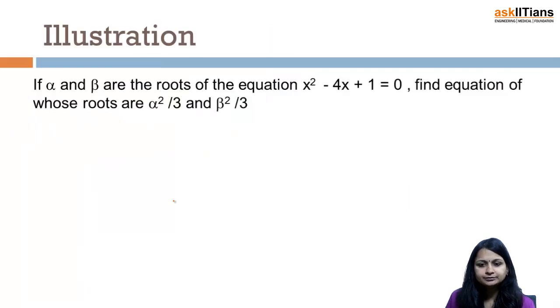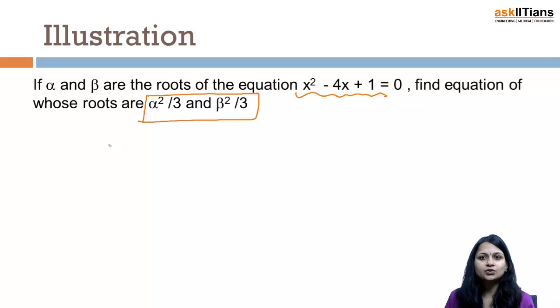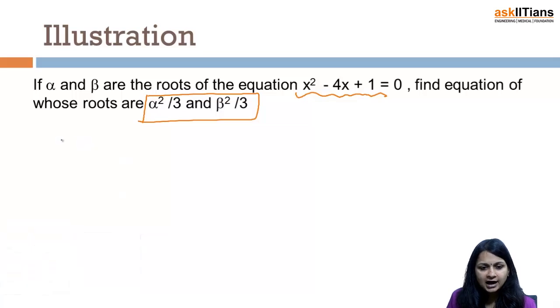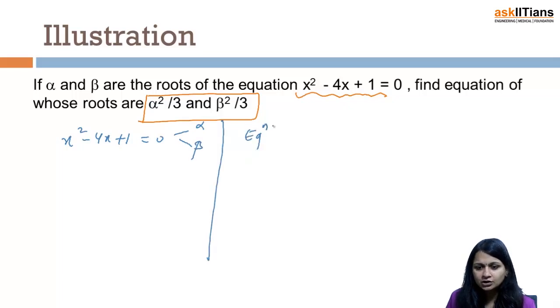So let's do it. Here alpha and beta are the given roots of this equation, and I have to find the equation whose roots are alpha square by 3 and beta square by 3. I will solve this question in 2 steps. I have this equation x square minus 4x plus 1 equal to 0 whose roots are alpha and beta. At the first step, I will write the equation whose roots are alpha square and beta square.